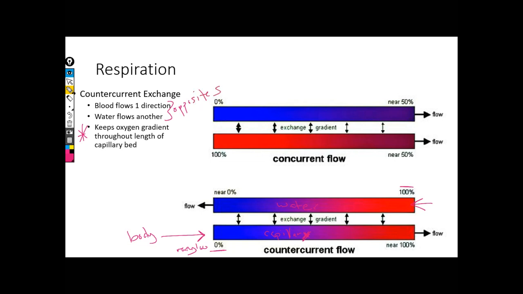So when the water enters by my gills, it has high oxygen content. For the sake of argument, it's just opposite. It would come in as high as it's ever going to be, whatever that means. So it hasn't given me any oxygen yet. It's just now entered my gills. We're going to make this simple and easy. So it's at 100% capacity. It's not passed on anything yet. So we are full.